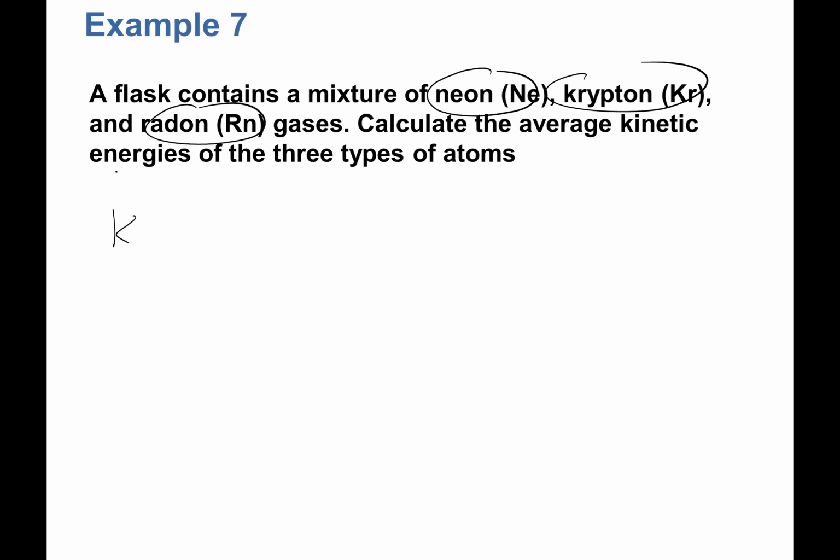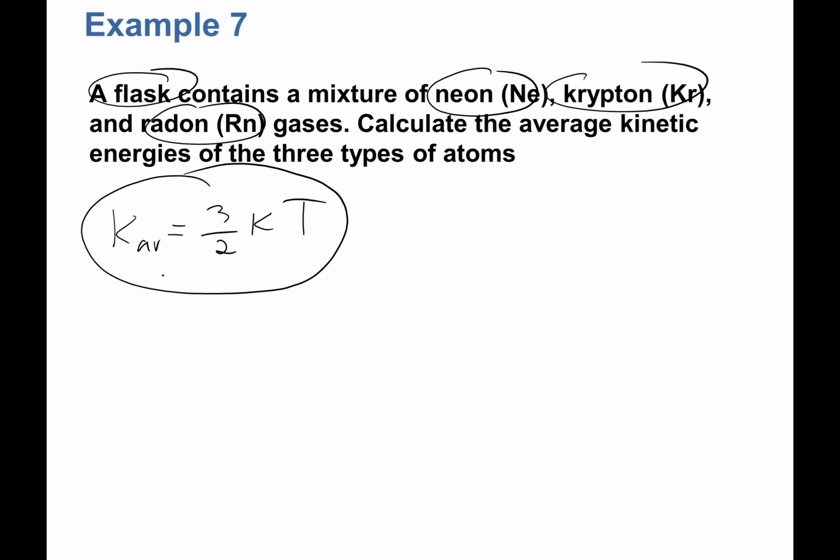But remember, we assume that it's a flask, a macroscopic system that has this container, and they're all under the same temperature. Remember that kinetic energy equals 3/2 kT. That means the kinetic energy of all of those mixtures depends only on the temperature of the flask, nothing else.